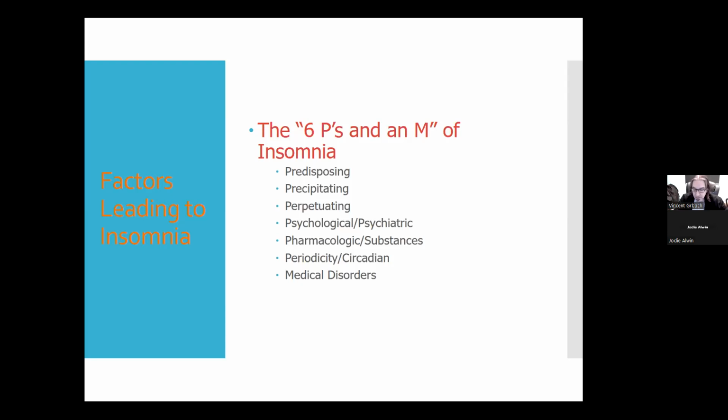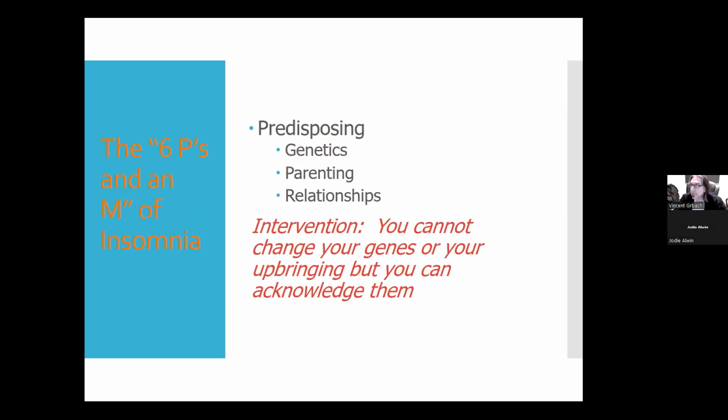So I'm going to spend a little bit of time going through this right now. Predisposing factors include genetics. Many people who have chronic insomnia describe having a parent who also had difficulty sleeping throughout their life.